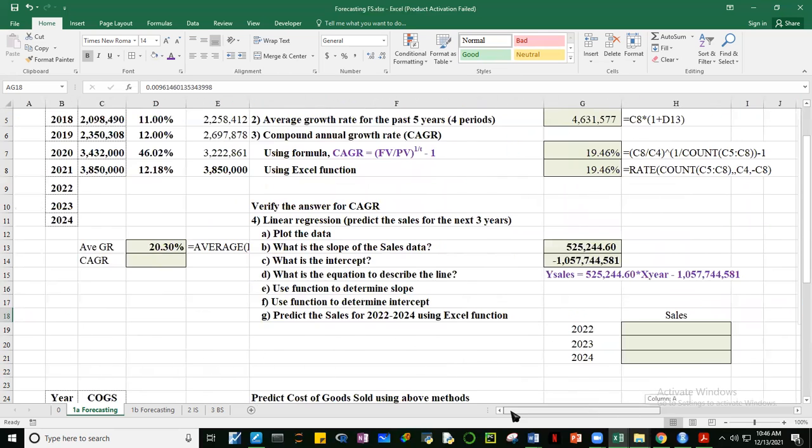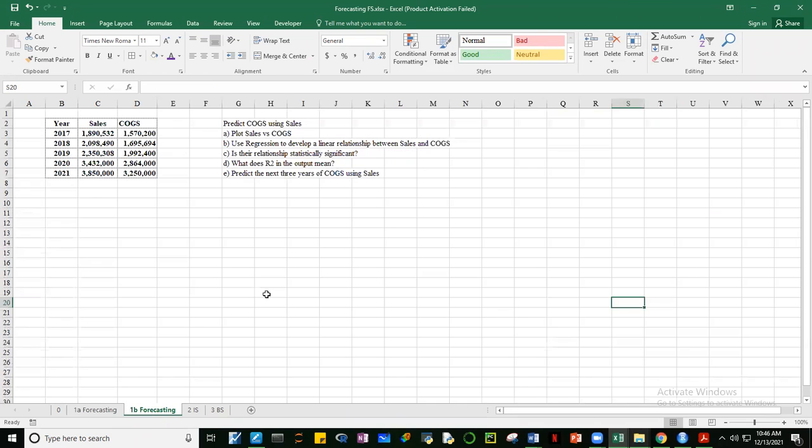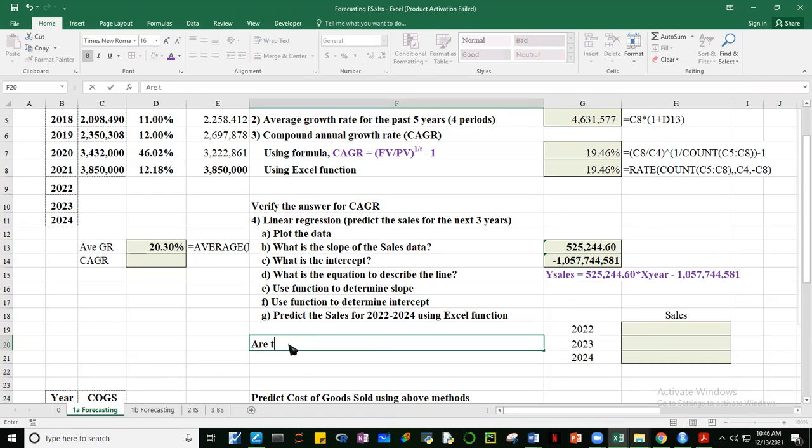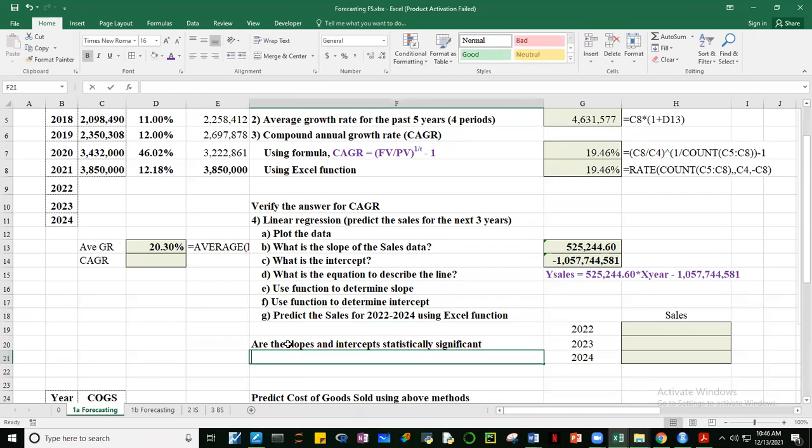So to answer the question, I forgot to put it here, but we can put it here: are the slope and intercept statistically significant to predict Y, sales?